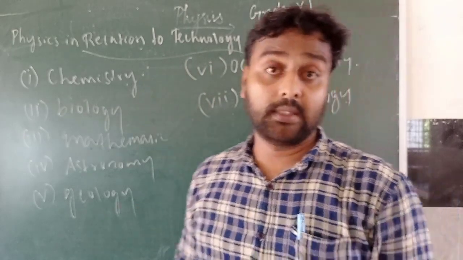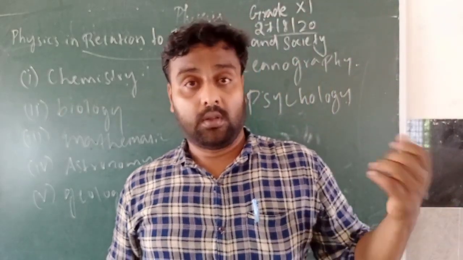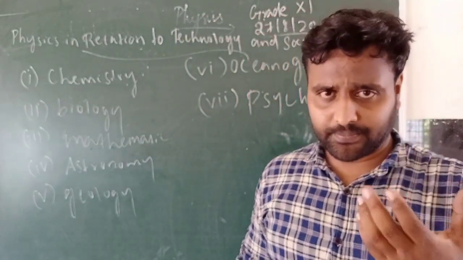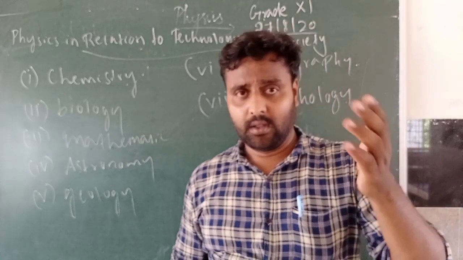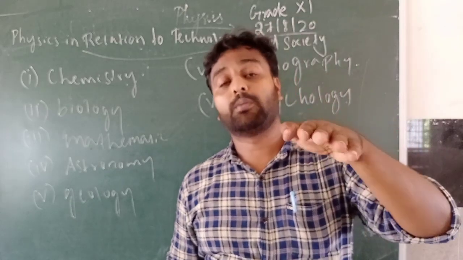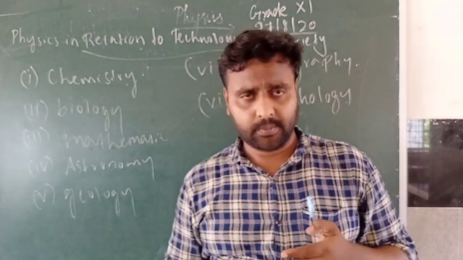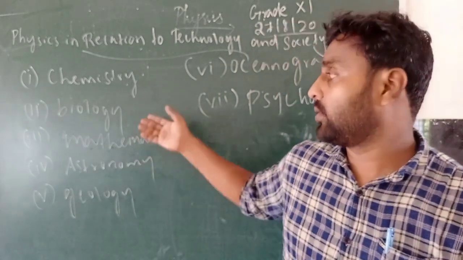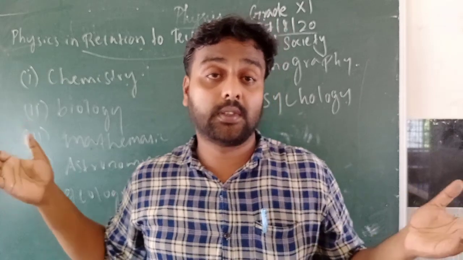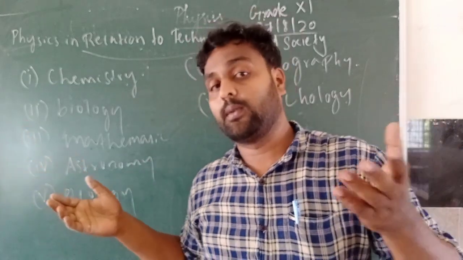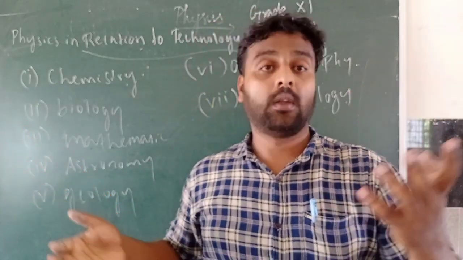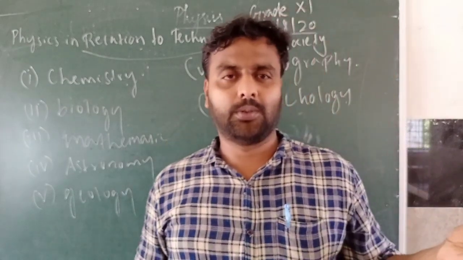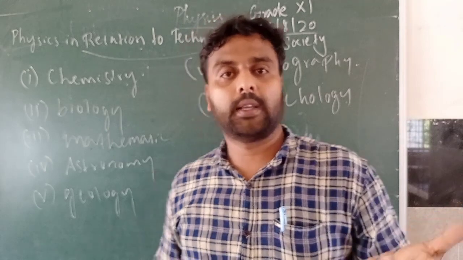Then biology: without the microscope, biological studies are very difficult to improve. The microscope is the greatest invention based on physics principles. Then mathematics: some of the equations are used to make mathematical tools.